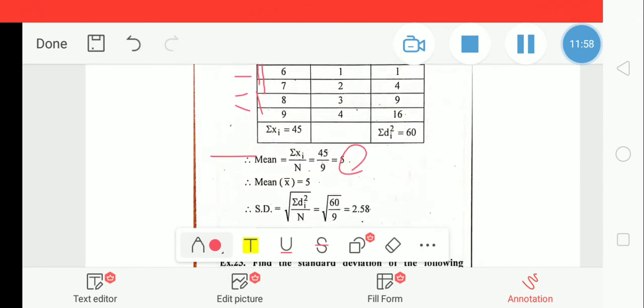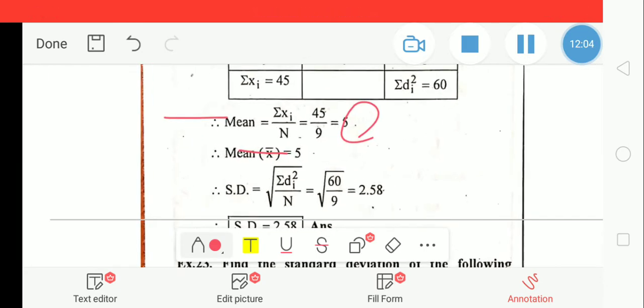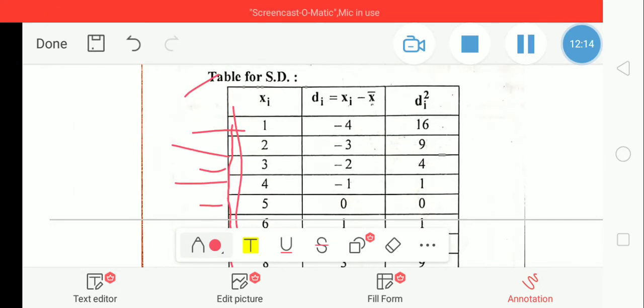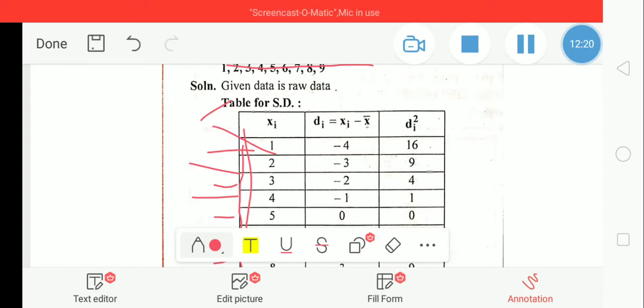So the mean is 5. We know that standard deviation is under root summation of di square divided by n, but di means xi minus x bar. We know that xi is given and x bar is the mean.